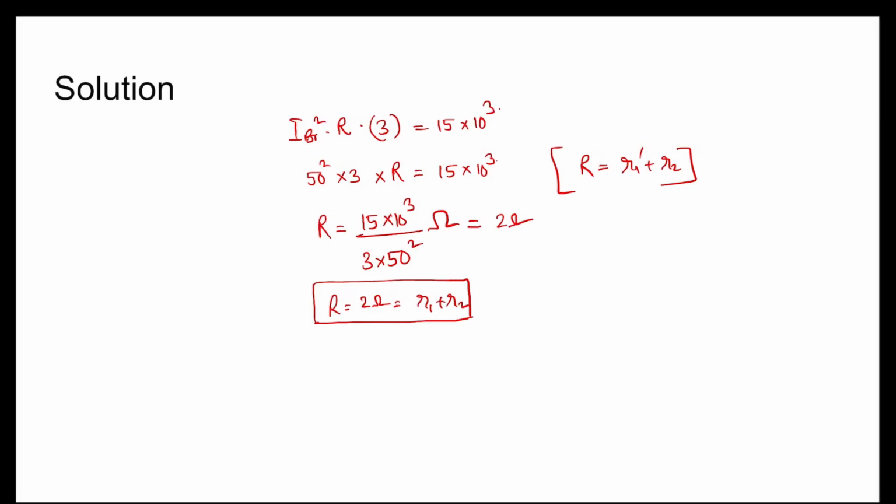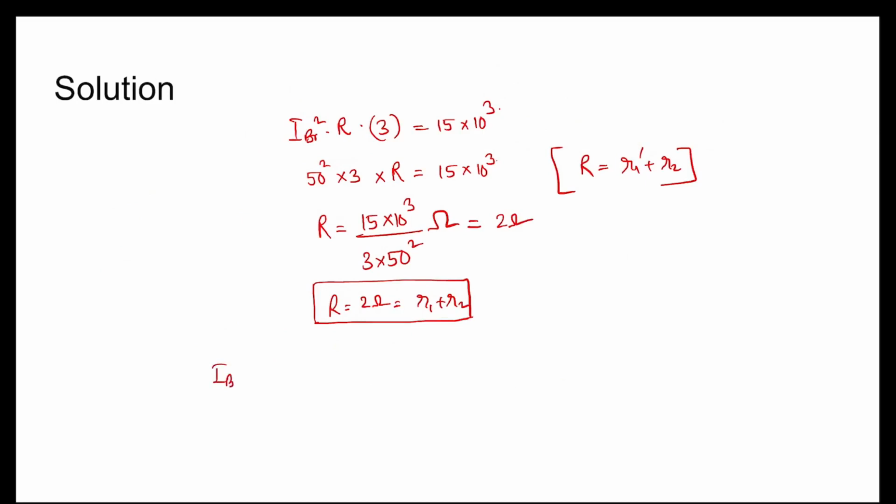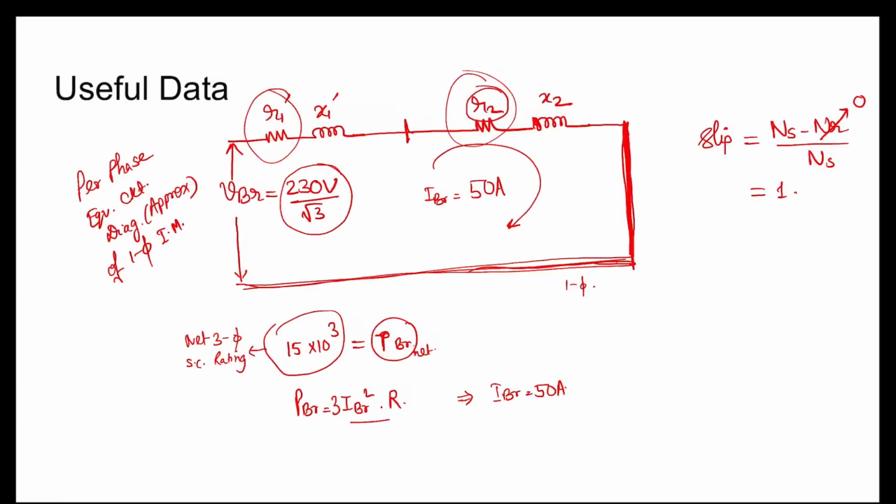Now also we can see the I_BR is 50 ampere, so we can write 50 equals 230 by root 3, that is the phase voltage, divided by square root of R square plus X square, because s is equal to 1, and you see in the circuit s equals 1, so this is the equivalent circuit.